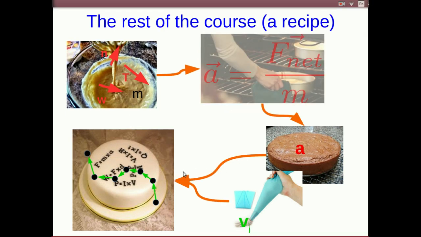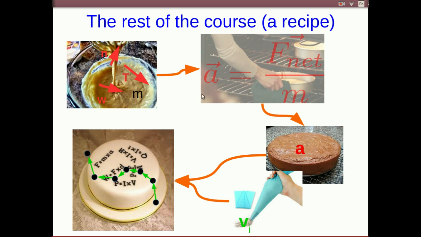I will use this analogy for one more thing, though. If you taste a cake and you taste vanilla in it, you can infer that vanilla was one of the ingredients. By the same token, we'll sometimes use our knowledge of the motion of an object to infer things about the forces acting on it. But when you do that, you have to recognize the cause and effect relationship.